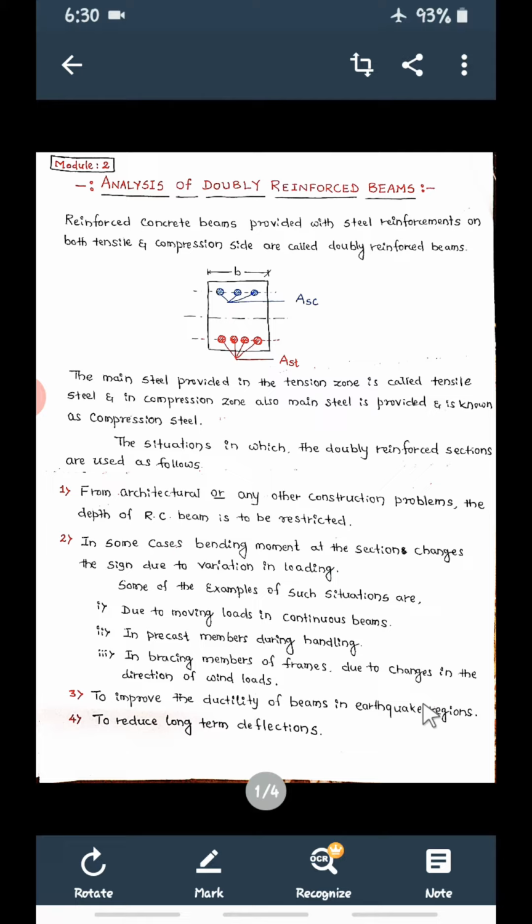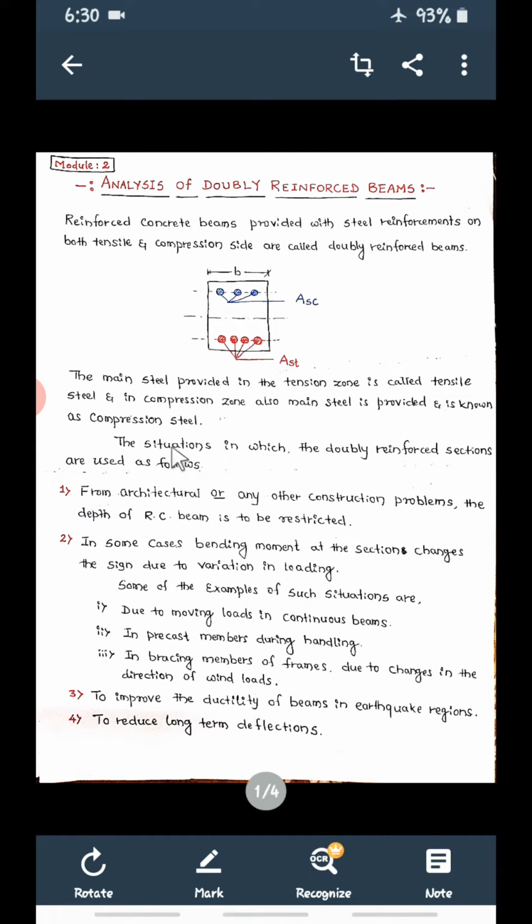As far as possible, the building or the beams should be ductile. So in earthquake regions, to improve the ductility of the beams, we provide doubly reinforced beams. Then to reduce the long-term deflections, which we have already seen, we go for the doubly reinforced beam.